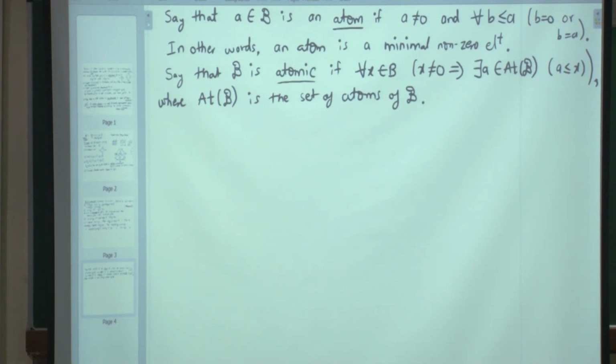Now there is another thing which I should prove. Suppose B is a finite Boolean algebra, then B is atomic.